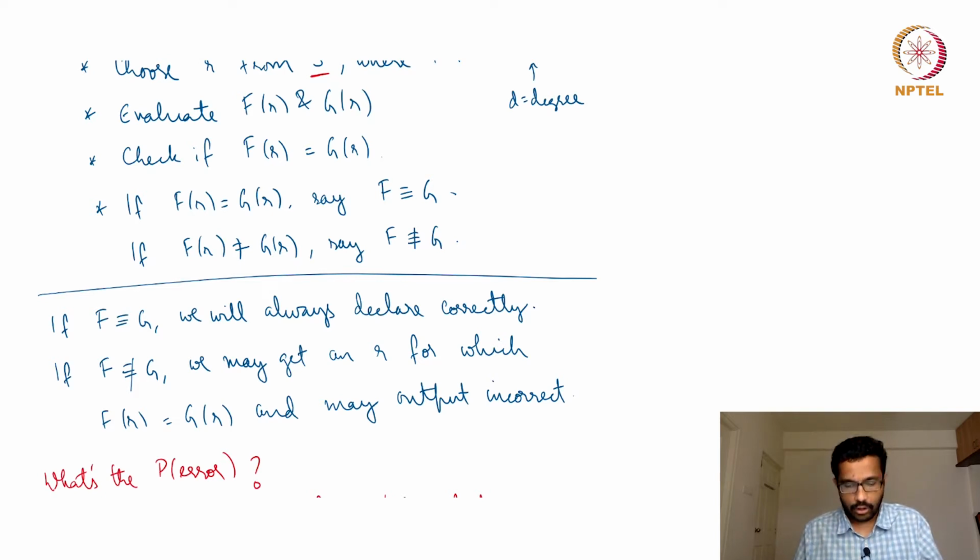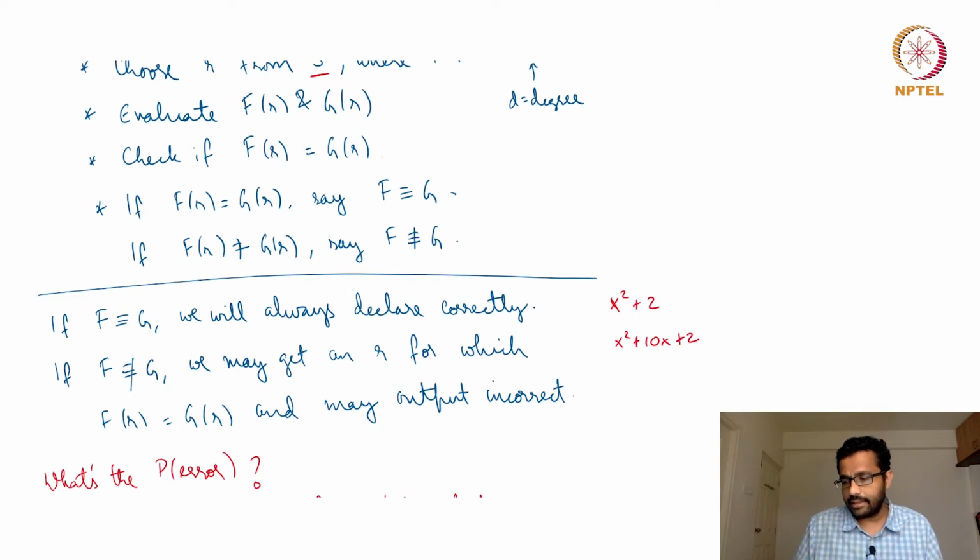However, if f and g are not the same, in that case there is a small possibility that you may end up getting an r for which the polynomials are different, but the r forced you to say that f and g are the same, even though they are different, right? So just as a simple example, let's say you have x squared plus 2 and x squared plus 10x plus 2.